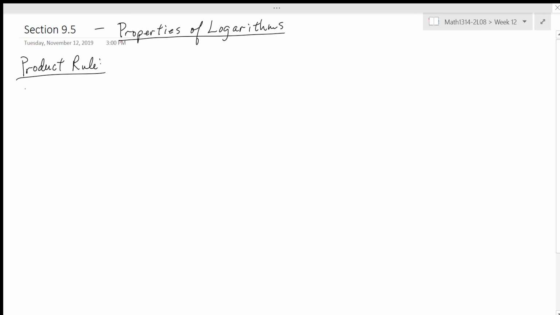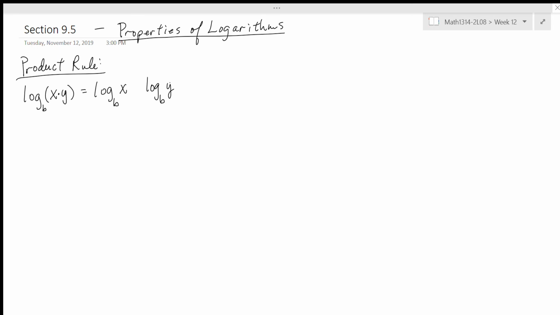Okay, so what the product rule says is if you're taking the log of 2 things that are being multiplied, you can actually take those factors and separate them into their own log. Do y'all see that?